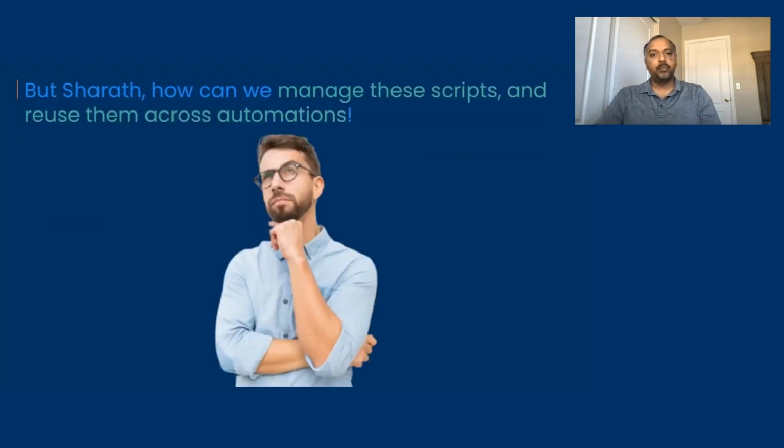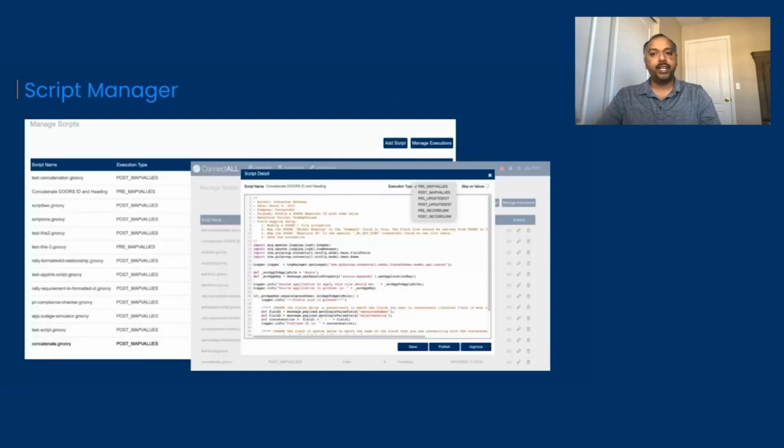So we talked a lot about how and where you can use the scripting and multiple different patterns where you can leverage this. How we actually manage the scripts is pretty easy in ConnectALL 2.11. We have the scripting manager where you can write your own scripts in a syntax coded, color coded fashion. You can have your script editor open and type in your script.